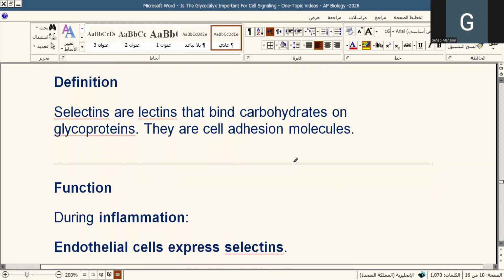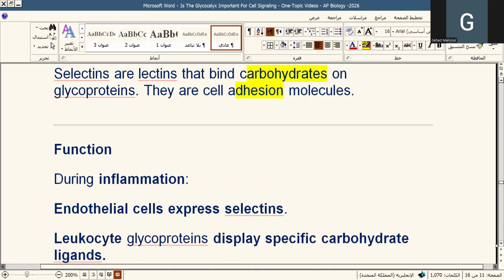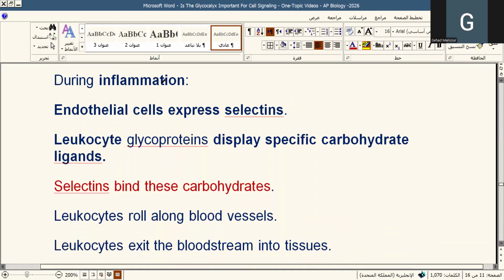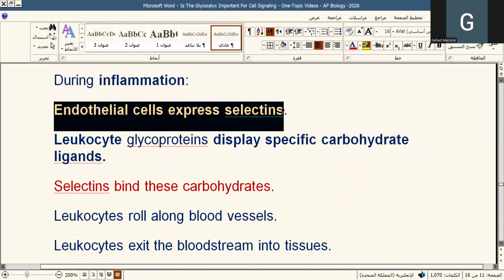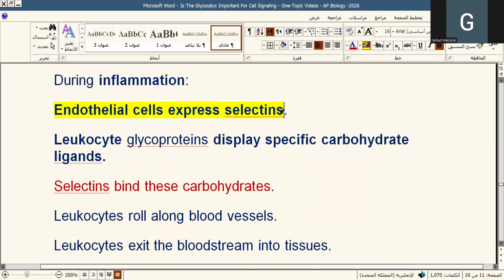The selectins, as we said before, bind carbohydrates. They all bind carbohydrates, but here they are responsible mainly for adhesion. What happens during inflammation? When there is inflammation, the endothelial cells express selectins, and the leukocytes have glycoproteins on top of them that contain specific carbohydrate ligands.